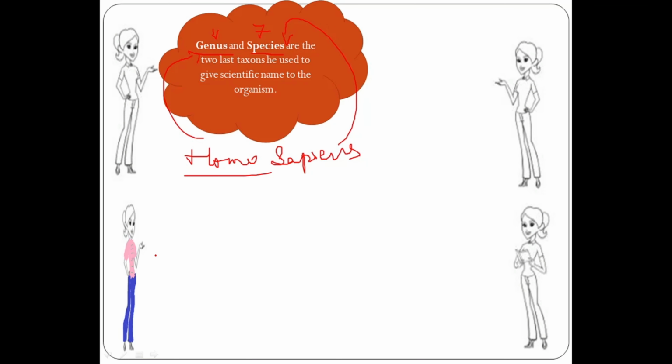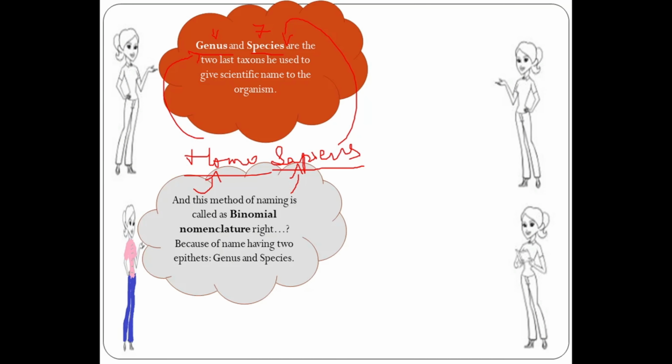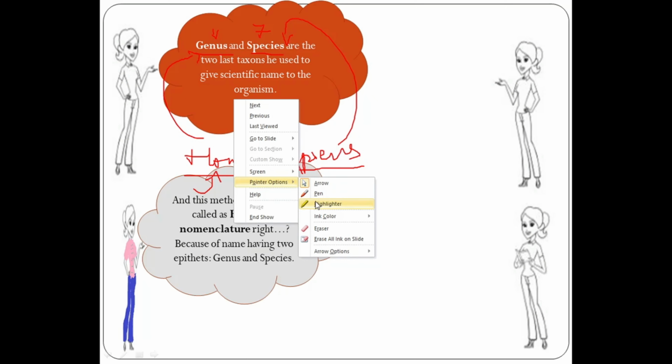So the genus name is the first epithet in a scientific name, and the species name is the second epithet. Species indicates a particular type of organism. With the 2 epithets the scientific names are formed, and that is called binomial nomenclature.